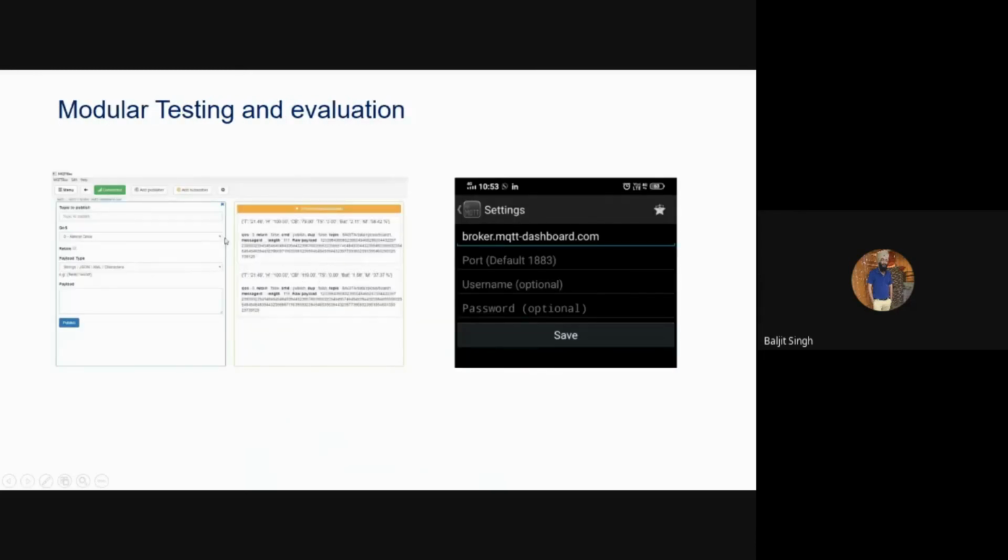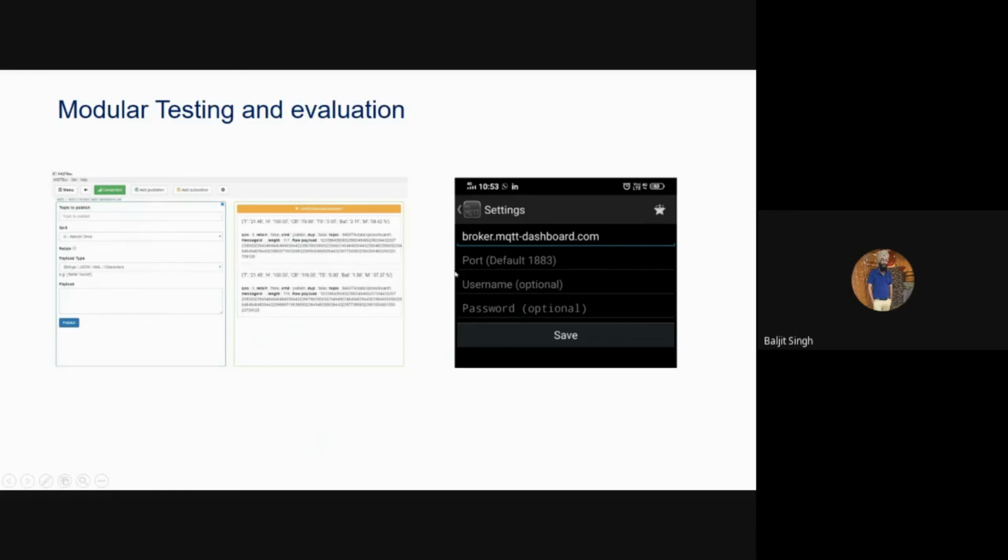This was not the software which we have finally made. There are various MQTT client software which are freely available. This is for the laptop or the web interface, and this is the mobile interface.